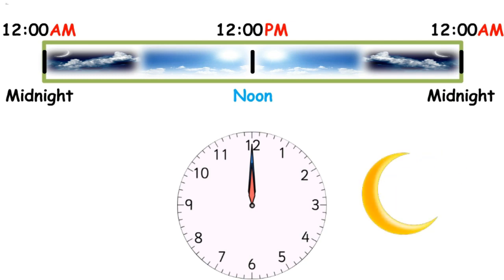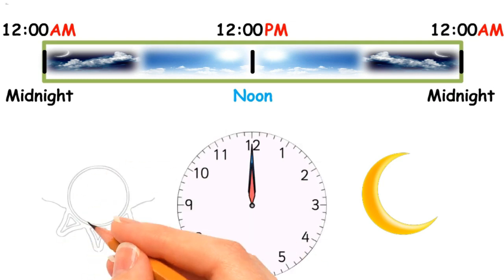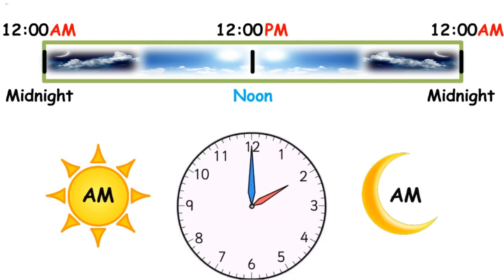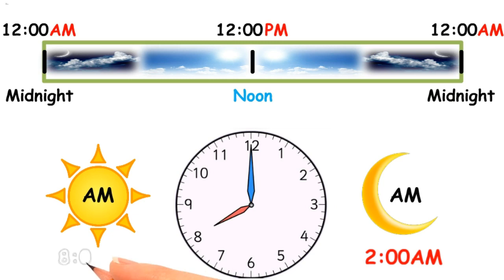From 12 o'clock midnight to 12 o'clock noon, we read the time as AM. For example, at night, it is read as 2 a.m. And in the morning, the time is 8 a.m.